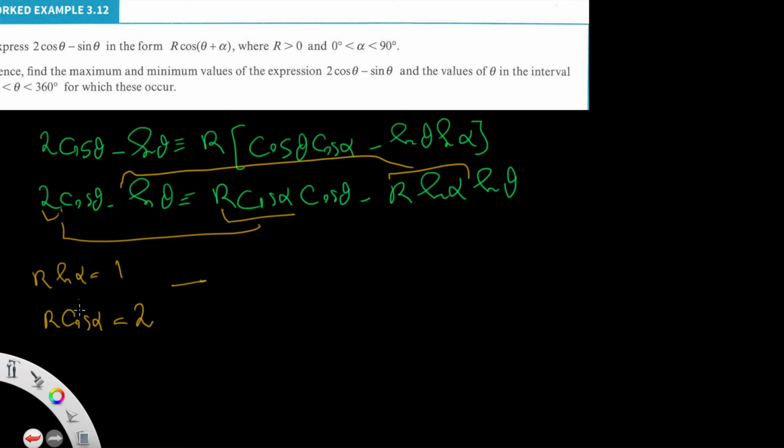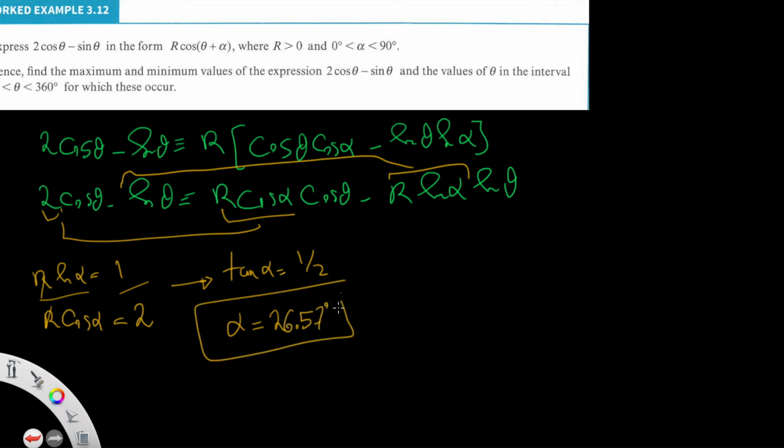If I divide left and right hand side, r and r cancel out each other, so it will be tan of alpha is equal to half. Taking tan inverse, alpha will be tan inverse of 1 over 2, giving you an answer of 26.57 degree. It is alpha.